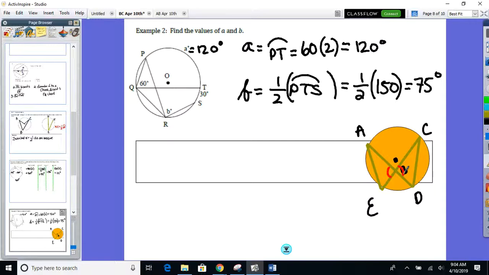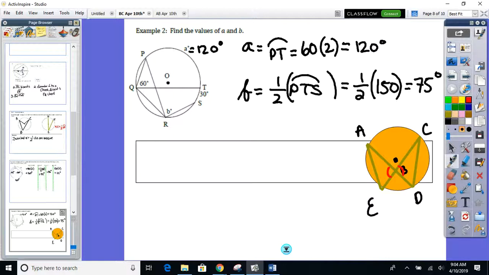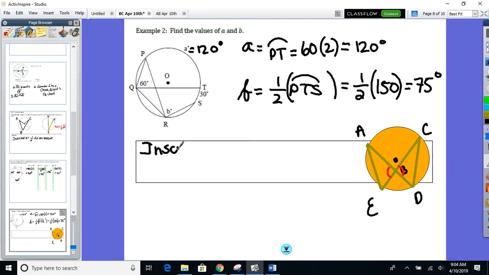A and C are what type of angles? And they're both drawn to which arc? ED. Here's your new theorem. I'll go back to Maggie's. E and D, what type of angles were they? Inscribed angles. And what did you know about those inscribed angles?